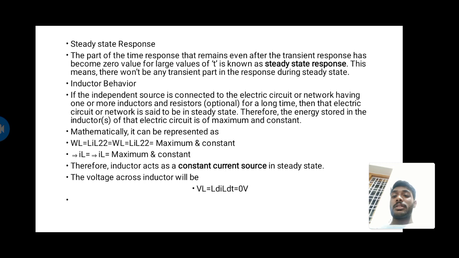Mathematically, WL = (1/2) L IL squared, which is maximum and constant. So IL is maximum and constant. Therefore, the inductor acts as a constant current source in steady state. The voltage across the inductor will be VL = L di/dt = 0 V.